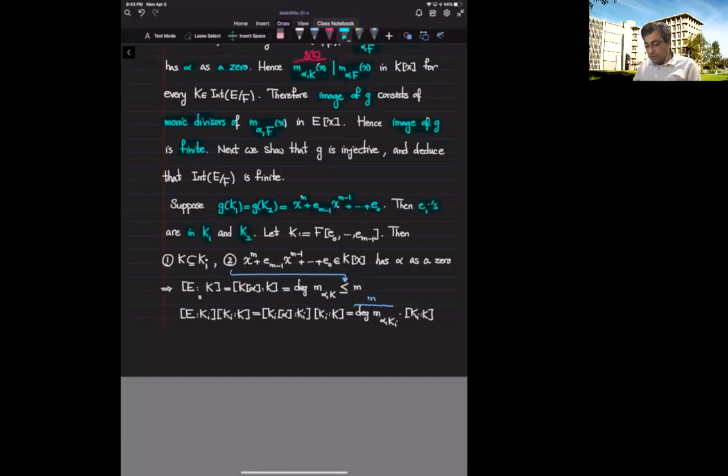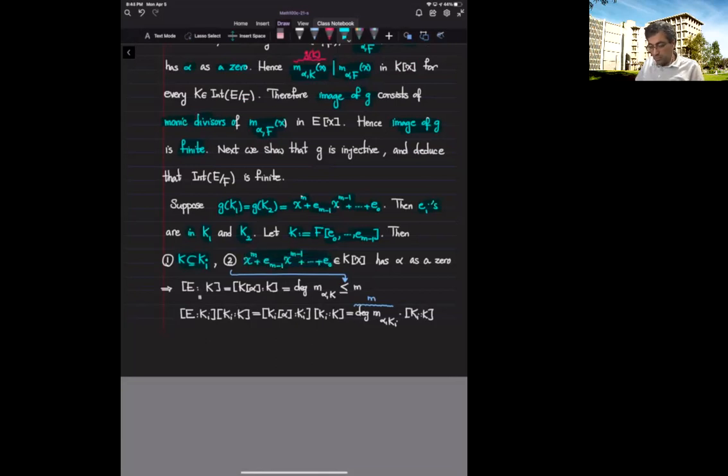Therefore, if I start with F, the base field, and add these coefficients, e sub 1, e sub 2, up to e sub m minus 1, to the base field, and call this field K, this would be a subfield of K1 and K2. So this K is a subfield of K sub i, no matter what index I pick. Second, this polynomial that's equal to G of K1 and G of K2 belongs to this smaller field, K[X].